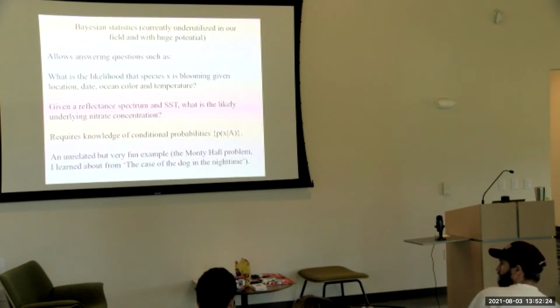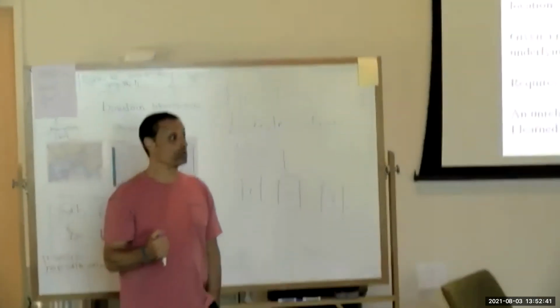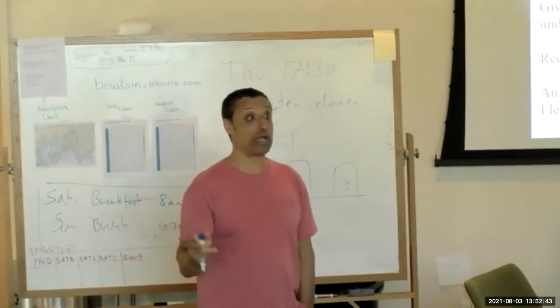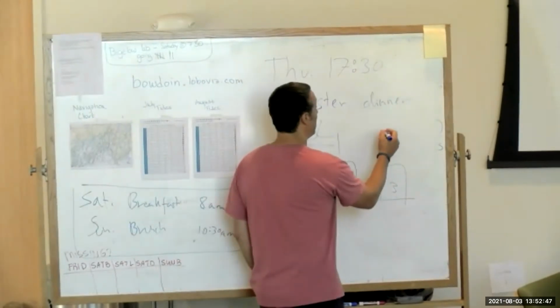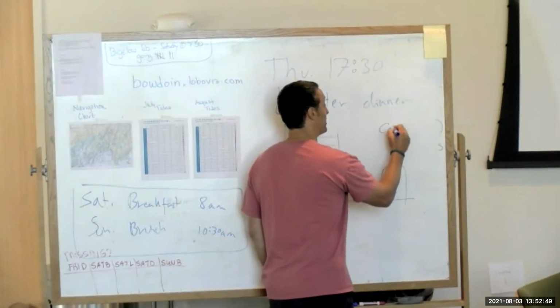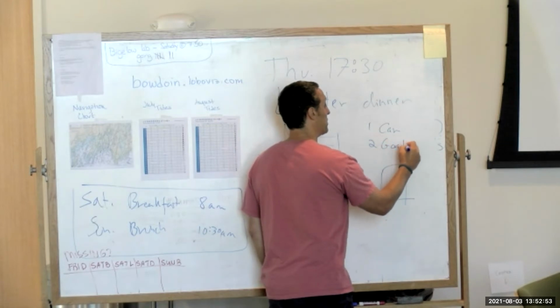You have 3 doors. Door 1, 2, 3. You're a contestant in this quiz show, and you're asked to choose a door, any door. What you know is that behind one of them there's a car that's going to be yours, and behind two of them there are goats.